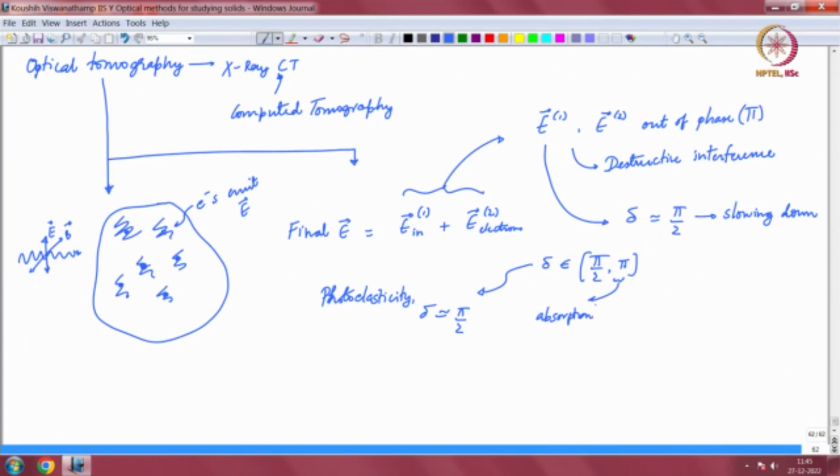Complete absorption is delta equal to pi, and delta somewhere in between has a combination of both absorption and change in wavelength, sorry, change in refractive index. So in the photoelasticity case, we were usually not concerned with absorption so much, it was only the change in the refractive index due to the stress system that was set up. But now in tomography, we are actually interested in the absorptivity part of this refractive index.